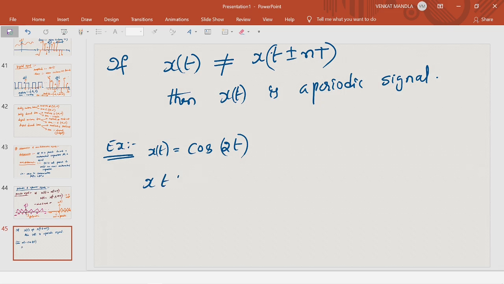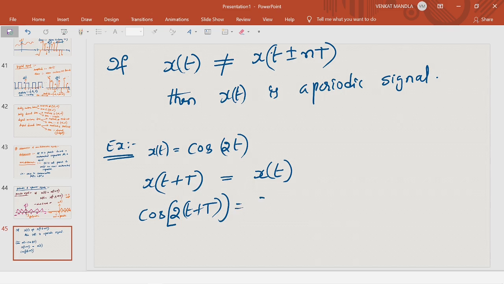So x of t plus capital T equal to x of t, then x of t is a periodic signal with period capital T. What is x of t? Cos 2t. Substitute t plus capital T in place of t, it equals x of t. From here, cos of 2t plus 2 times capital T, and x of t is cos 2t.